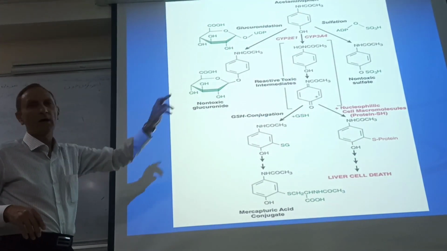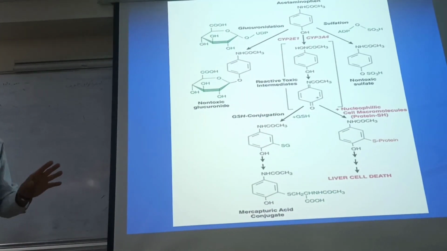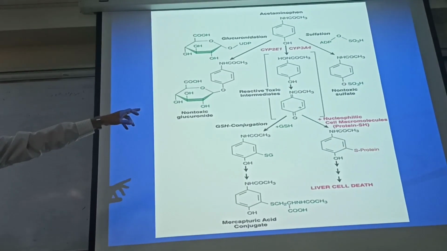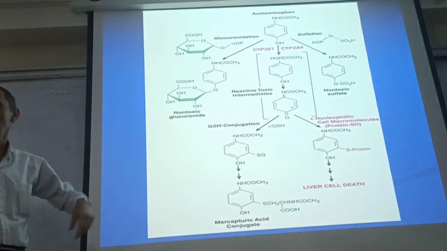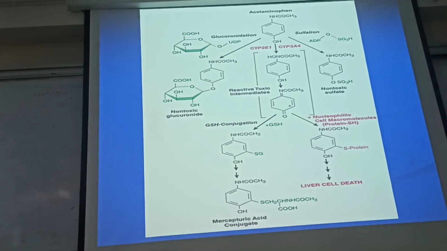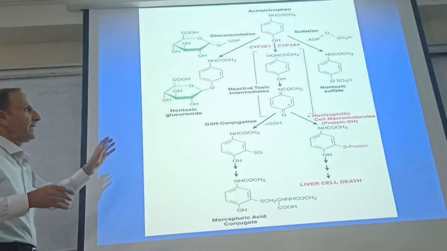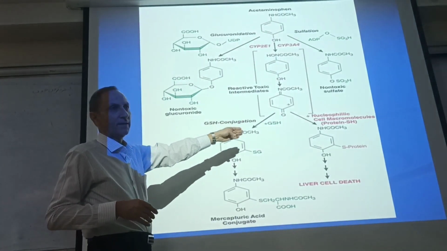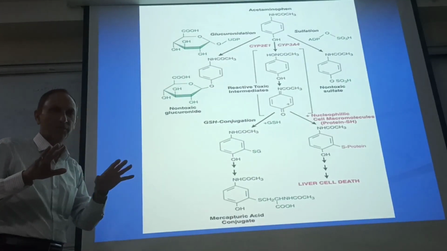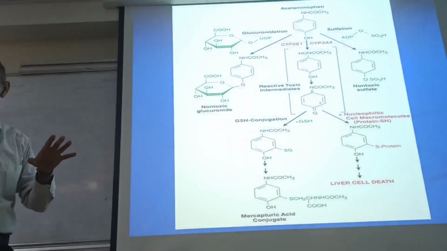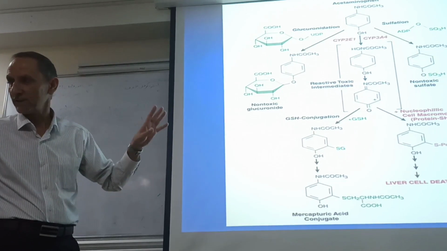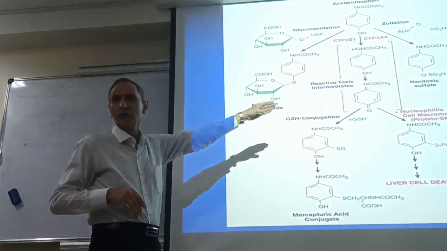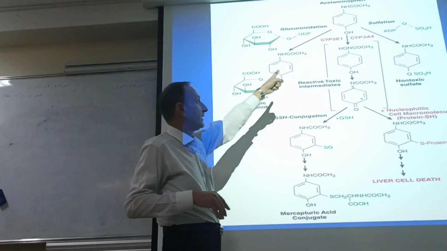A portion of molecules of acetaminophen are sulfated. So we have non-toxic sulfate metabolite. And then, after filling up of the capacity for glucuronide and sulfate, we have cytochromes in the middle.